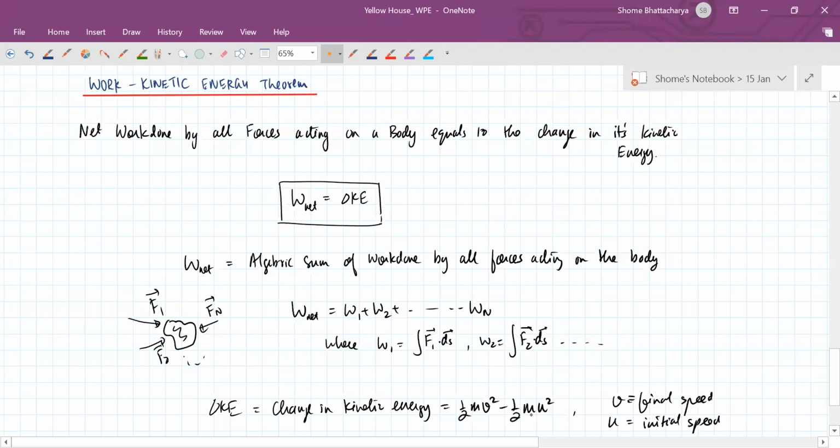Because as you know, we define kinetic energy by the formula half mv square, where m is the mass of the body and v is the instantaneous speed. And kinetic energy is also expressed in joules when m and v are taken in SI units. Just make a note of this theorem first. We'll discuss more about it.